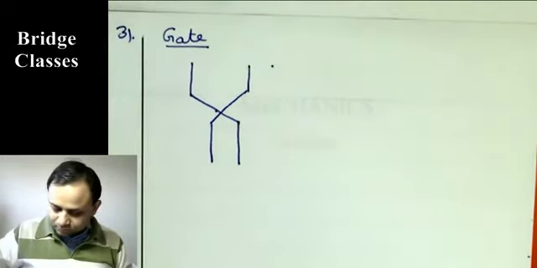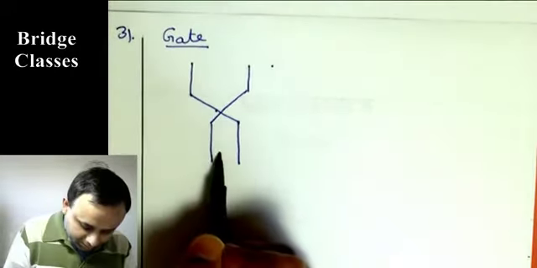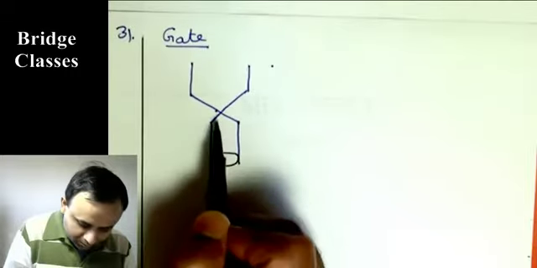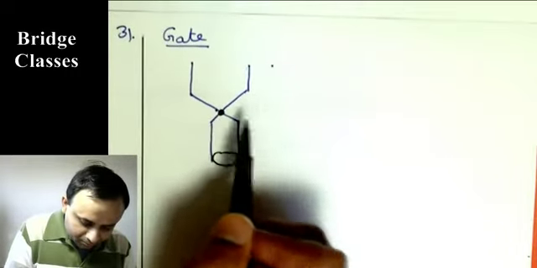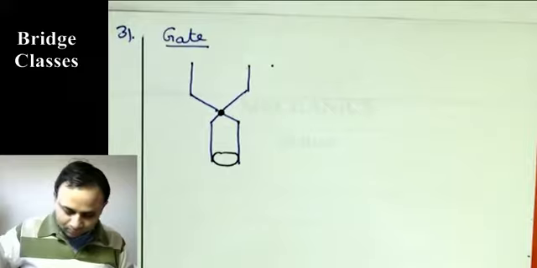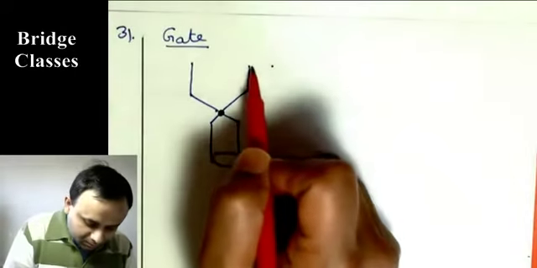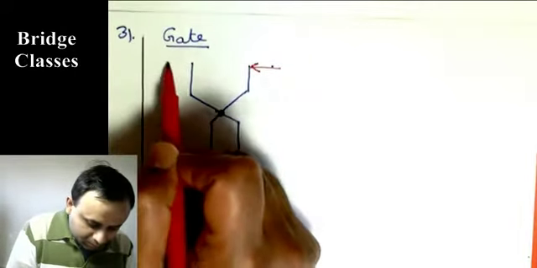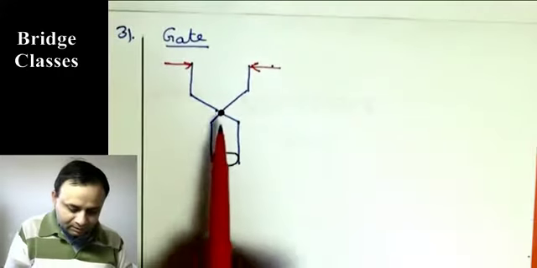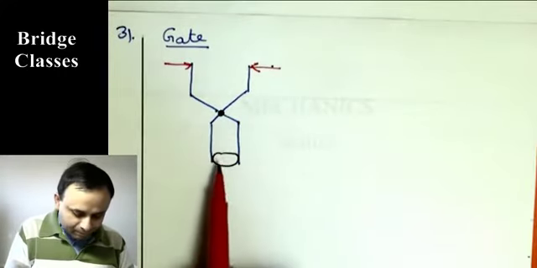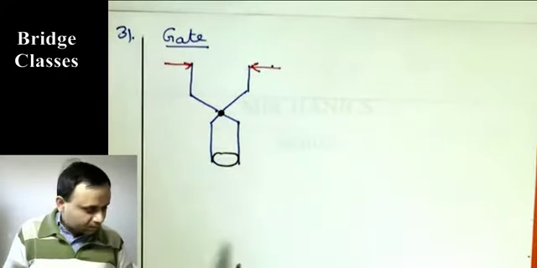And it is used to hold an object here. There is a pin here, and to hold it in place, these are the forces applied. The forces are applied on this, and this is a pin, and we are holding this object.